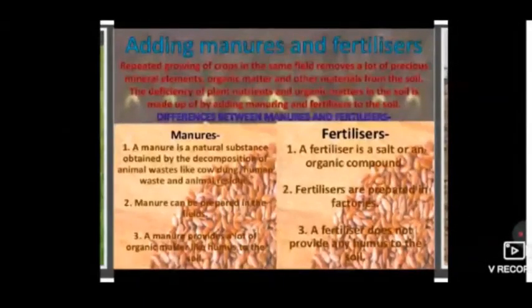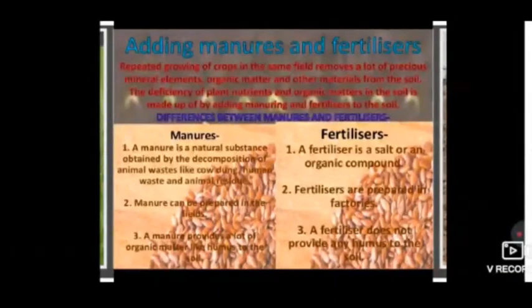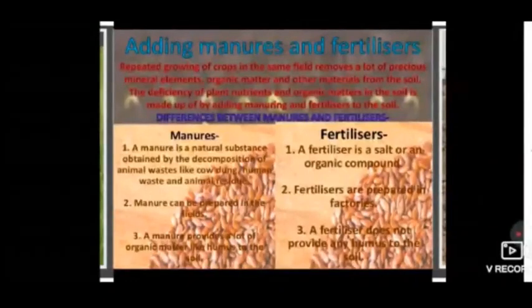Manure is a natural substance obtained by decomposition of animal wastes like cow dung, human waste and animal residue. And a fertilizer is a salt or an organic substance.